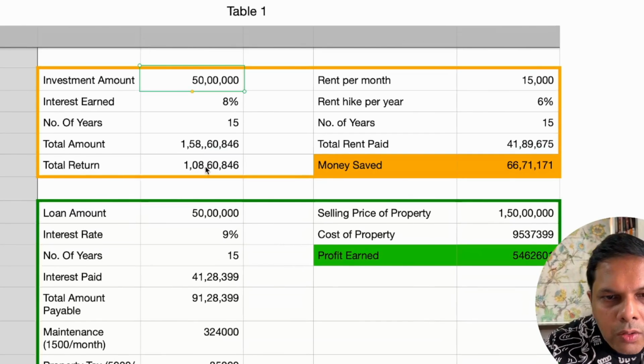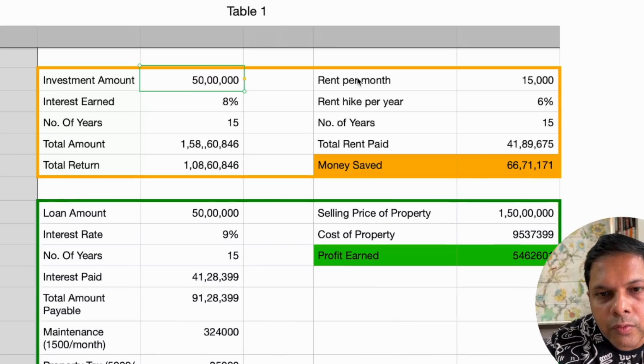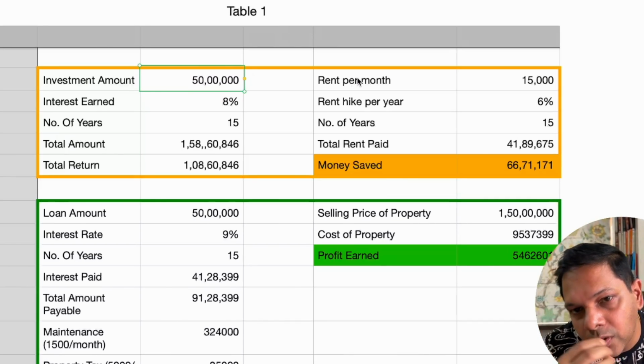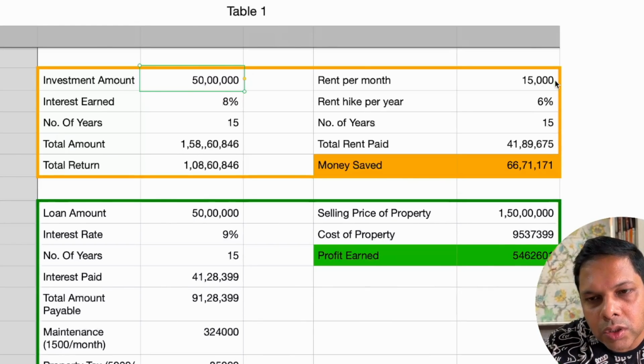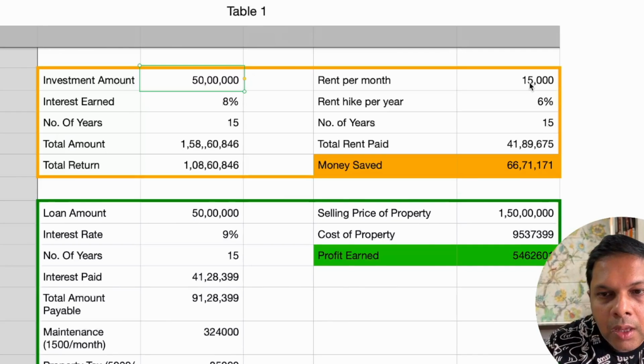Now, the person is also staying in a rented property, which costs around 15% per month, and on an annual basis there is a hike on the rent of 6%. This happens for a period of 15 years. So the total rent that the person would have paid in a span of 15 years would be around 42 lakhs, right?